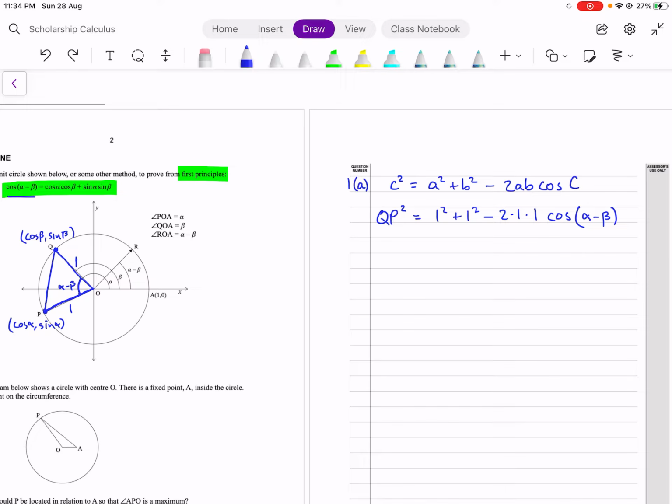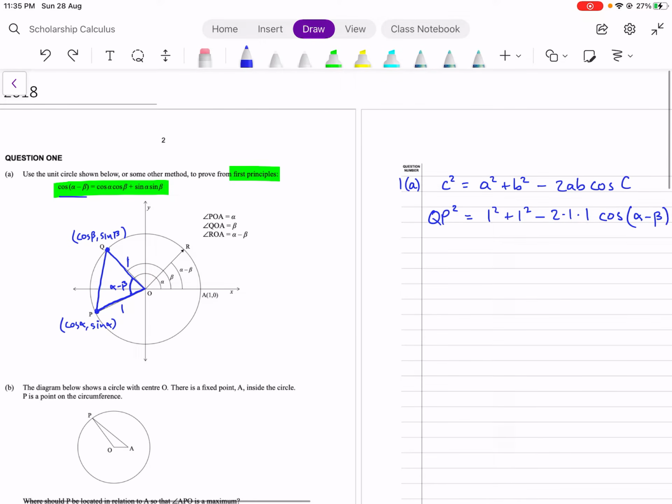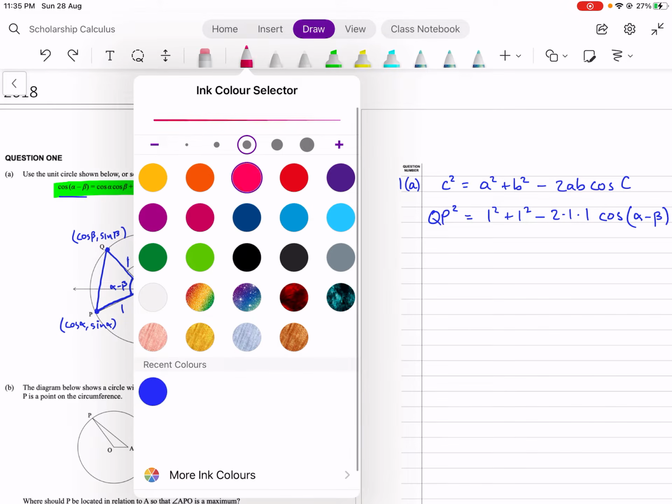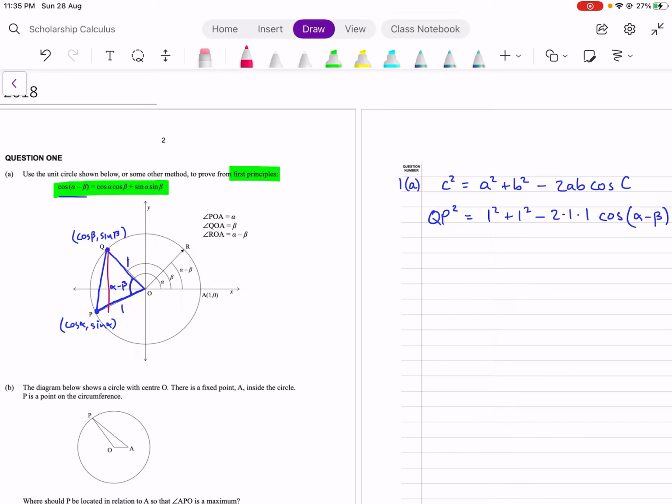Okay. Now QP squared is the distance between those 2 points. So we can use Pythagoras on that. We'll make a right angle triangle like that. Hypotenuse squared will be equal to the sum of the squares of the other 2 sides. So for that we need to find the difference between the y values and square, the difference between the x values and square.